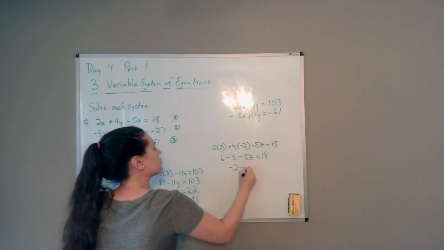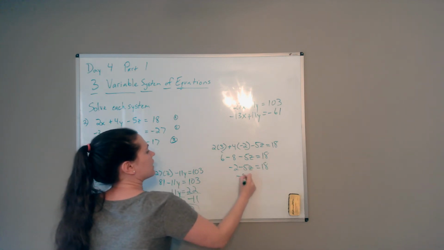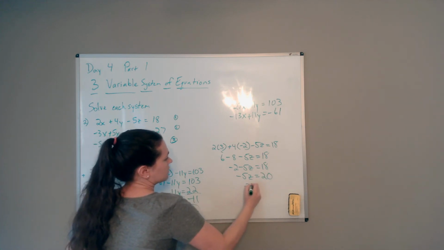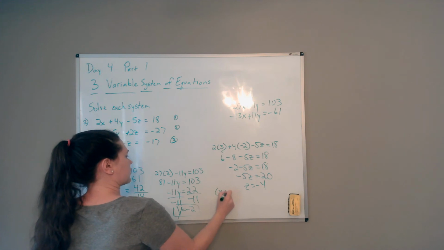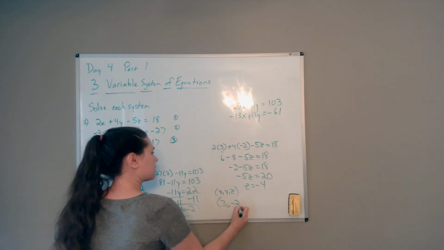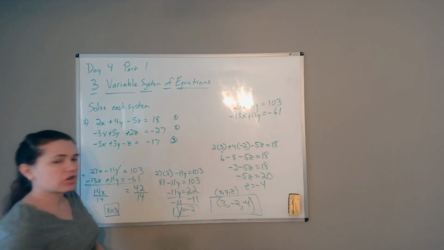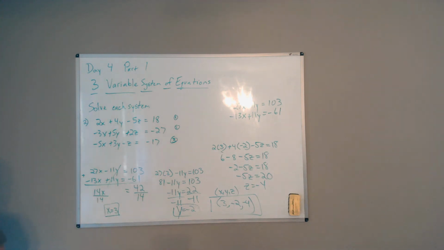That's negative 2 minus 5z equals 18. Add 2, negative 5z equals 20. Divide by negative 5, z equals negative 4. So our ordered triple x, y, z would be 3, negative 2, negative 4. Remember, this would be a point in 3 dimensions. Okay, so that's number 2.